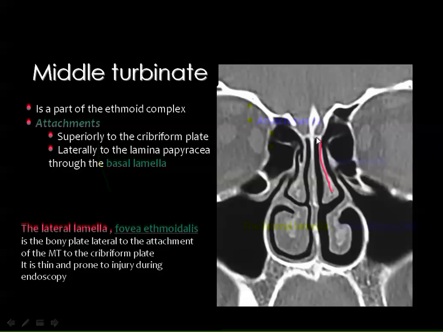Then here this is the crista galli, this is the cribriform plate of ethmoids, and this part, which is a very thin bone bordering the gyrus rectus and the olfactory bulb from the lateral aspect, is known as the lateral lamella or the fovea ethmoidalis. This bony plate is very thin compared to the rest of the thick bone distal to it. Then this is the lateral lamella, also known as the fovea ethmoidalis.